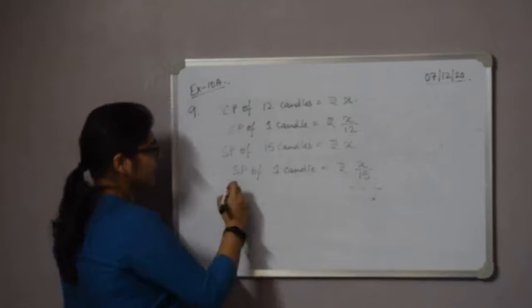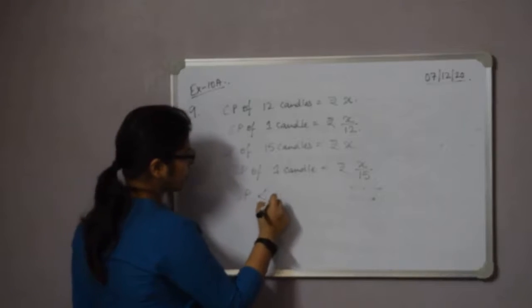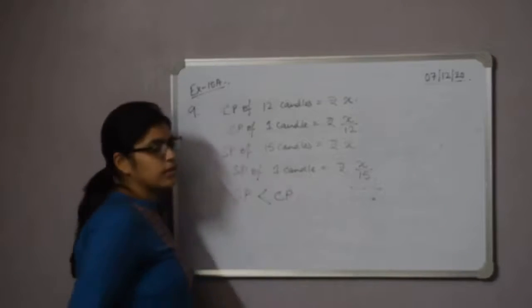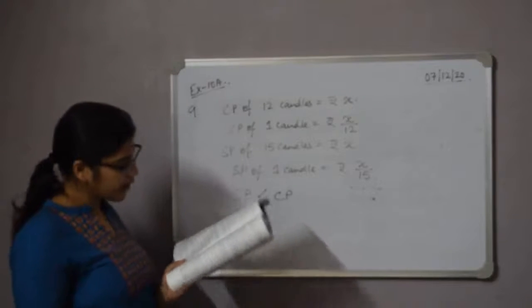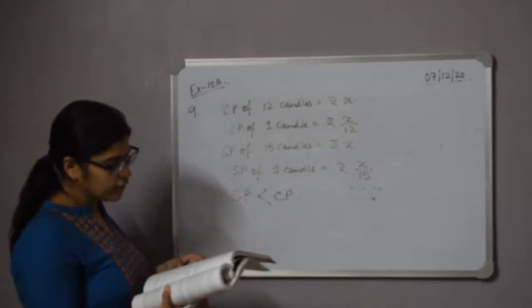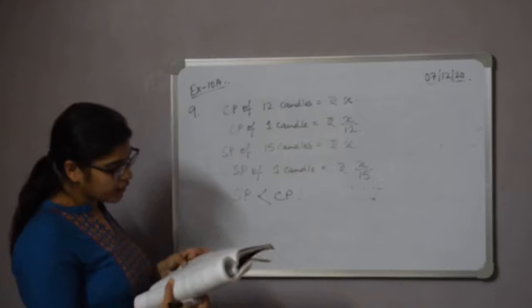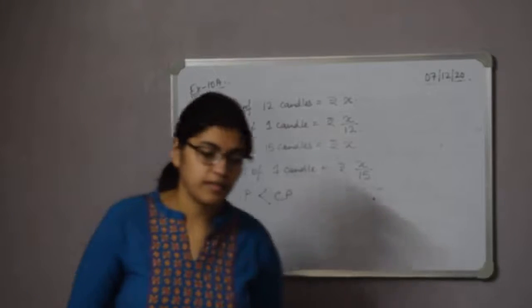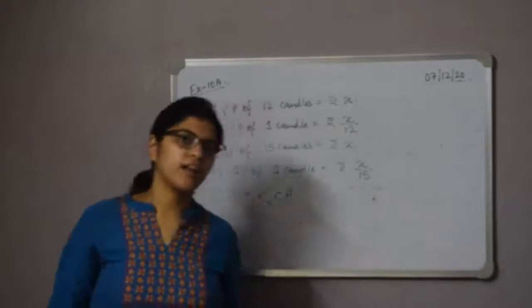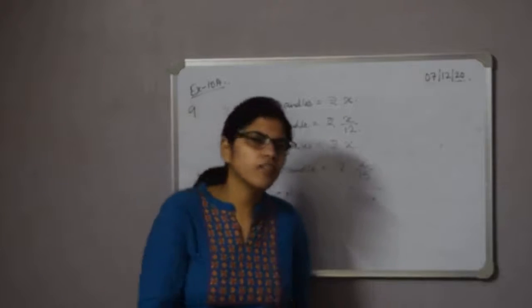So in this case we can say SP is less than CP. So what has happened? He has done a loss. Okay. So it says that find the loss percent. So it is already given that he has done a loss. So you have to find out the loss percentage.